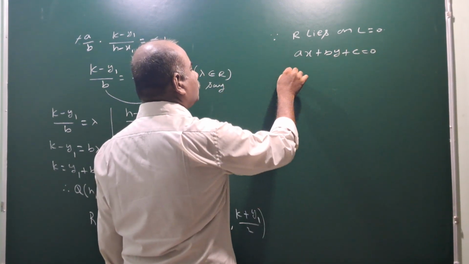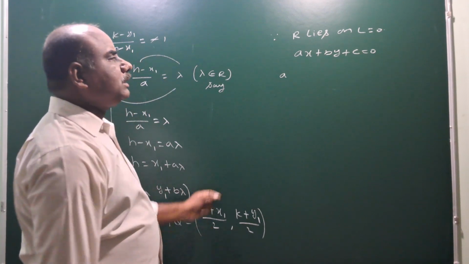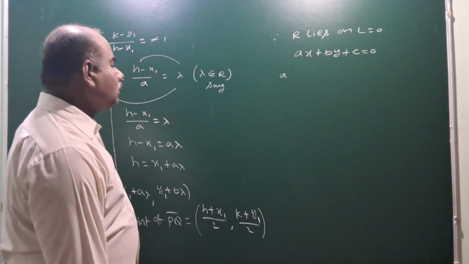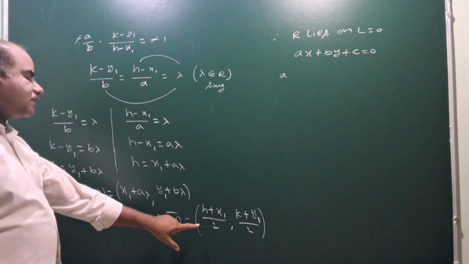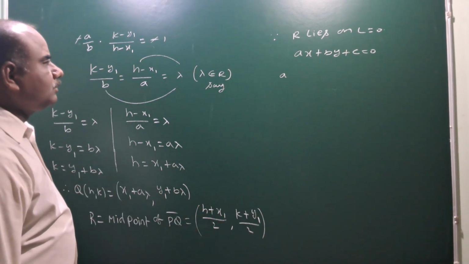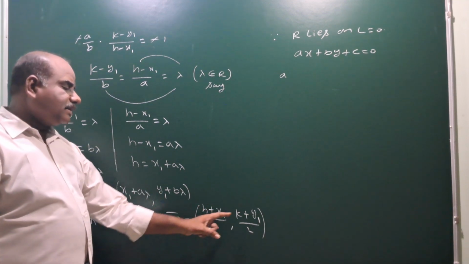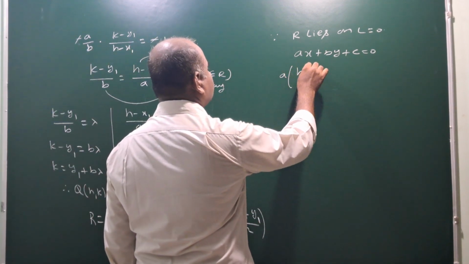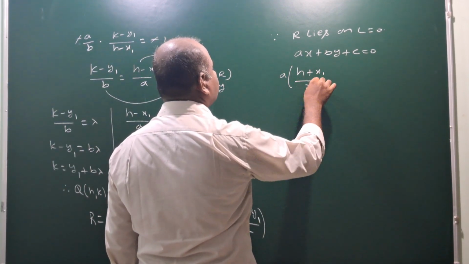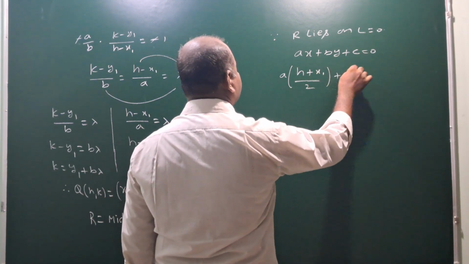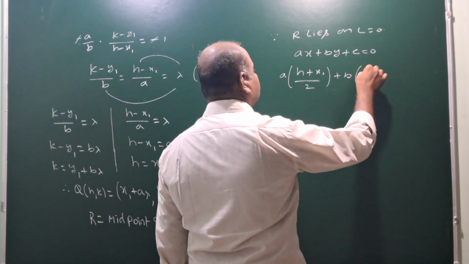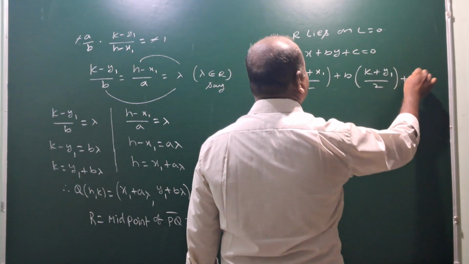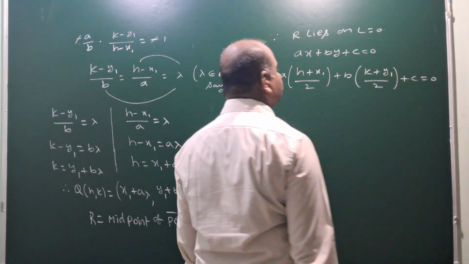Now substitute the coordinates of R. R lies on the line means it satisfies the straight line. Okay. What are the coordinates of R? (H plus X1)/2 comma (K plus Y1)/2. Okay, this is X and this is Y. A into X means A into (H plus X1)/2 plus B into Y means B into (K plus Y1)/2 plus C is equal to 0.